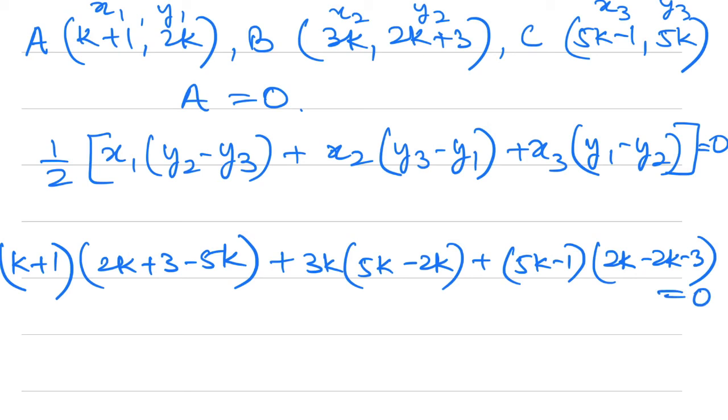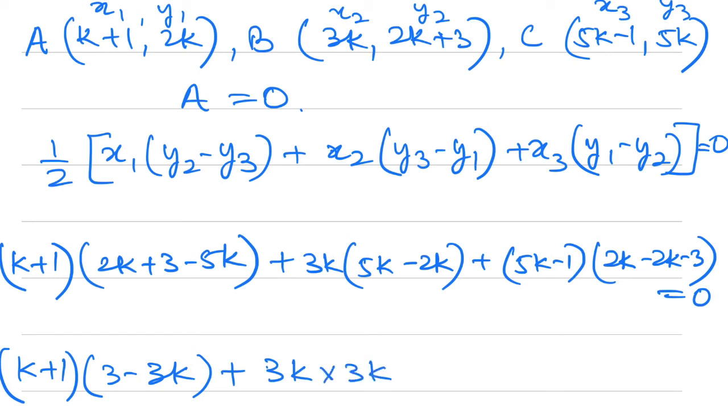Now next step we have k plus 1 into 3 minus 3k plus 3k into 3k plus 5k minus 1, 2k gets cancelled, into minus 3 is equal to 0.